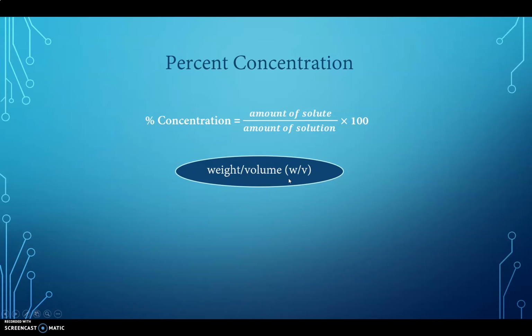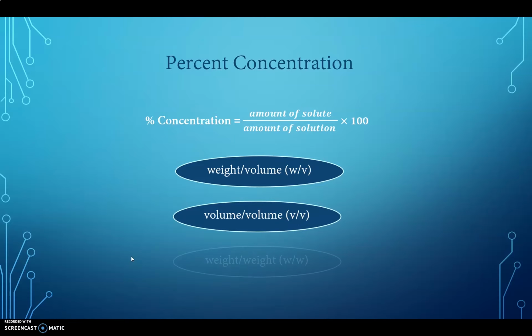In a weight volume percent, we're measuring the solute by weight or mass, normally in grams, and we measure the volume in milliliters. There's also a volume percent, and in that case we measure both the solute and the solution in milliliters. And the third possibility is a weight percent, where we measure the mass of the solute and the mass of the solution both in grams.